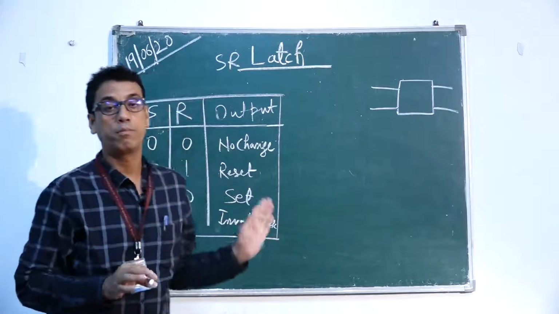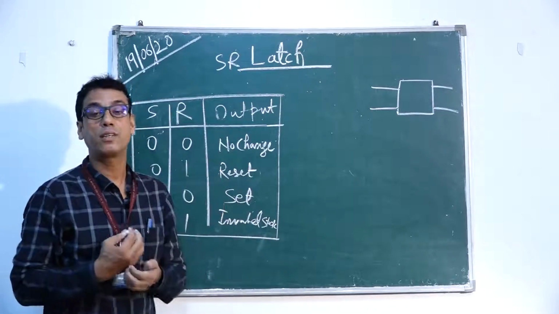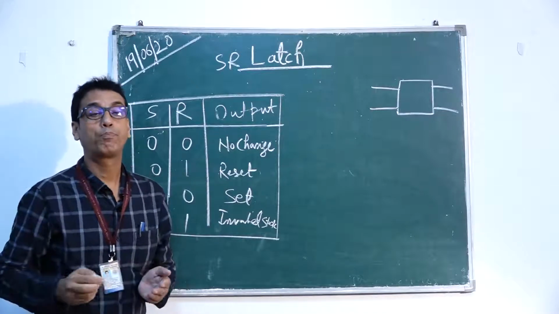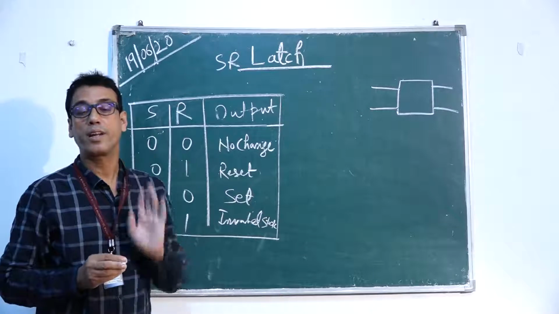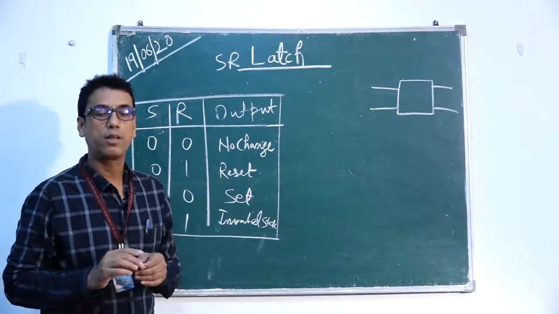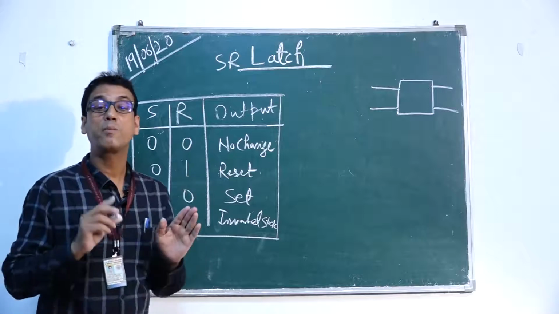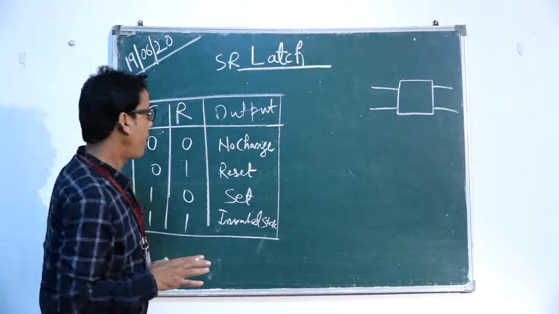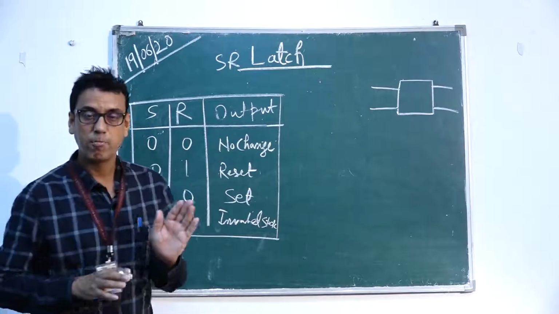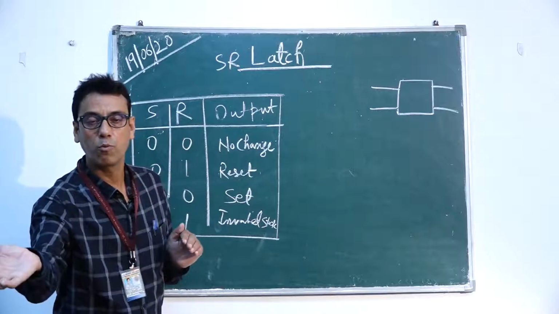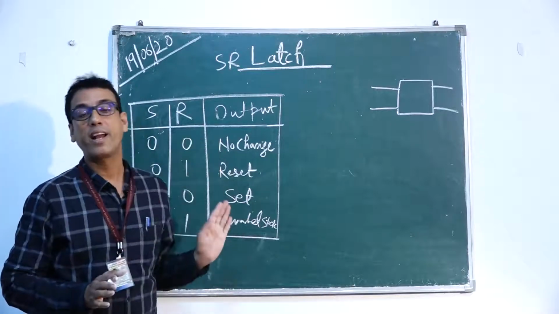Because latch is a sequential circuit, the nature of a sequential circuit is not as simple as combinational. What does it mean? In the case of a combinational circuit, there will be a straightforward truth table. When you enter this, you will get this output. Everything will be very crystal clear.